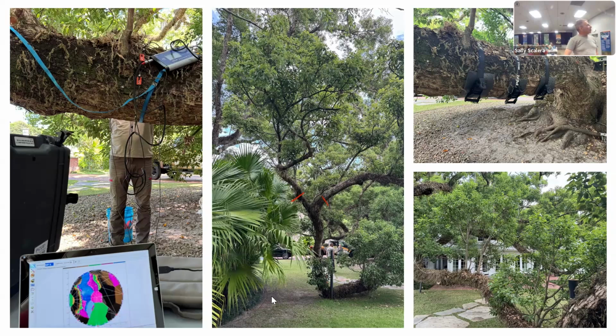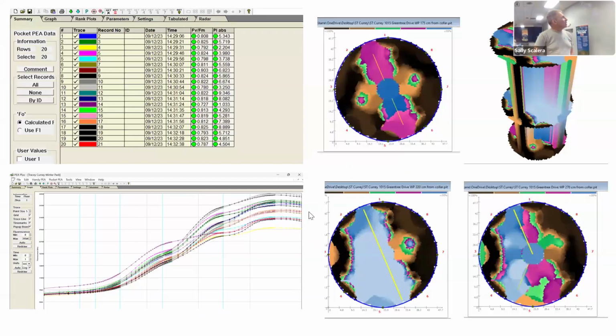So this is the first time I've ever used a horizontal scan, because I wanted to see where this split went. So this is the scan. This is the closest point to the trunk. This is the next down, and this is the furthest point.